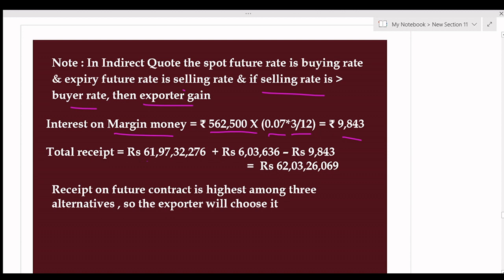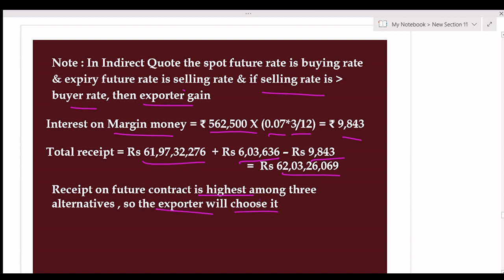Total receipt of the exporter will be 61 crore 97 lakh 32,276 plus 6 lakh 3,636 minus 9,843, equal to 62 crore 3 lakh 26,069. The receipt from the future contract is the highest among the 3 alternatives, so the exporter will choose it.